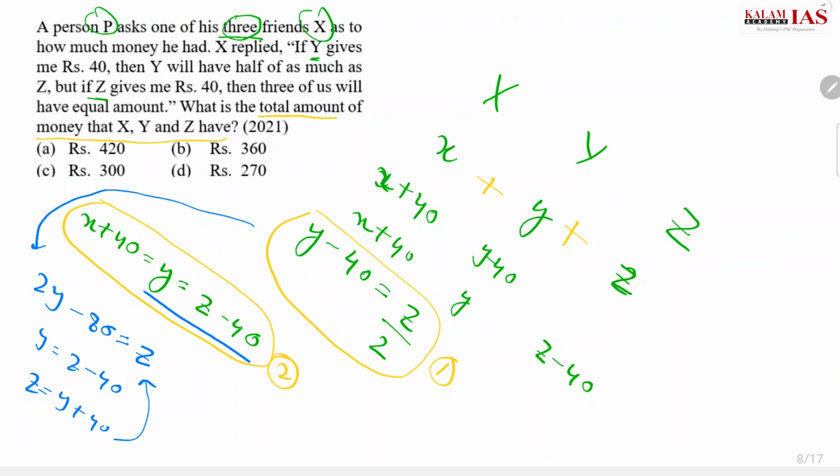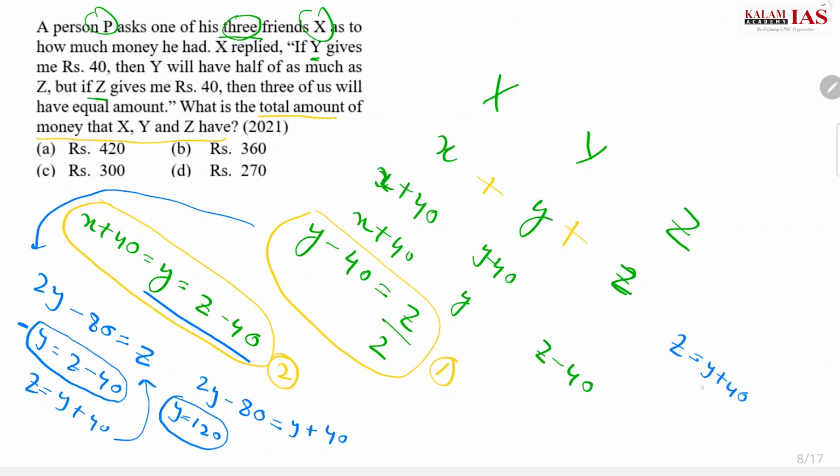Substituting this value here we get 2y minus 80 equals y plus 40, which on solving gives y equals 120. So we get the value of y as 120, and substituting this value here, Z equals y plus 40. That means Z equals 160.